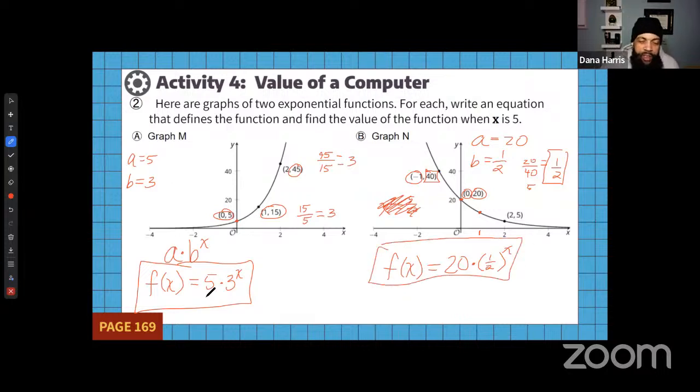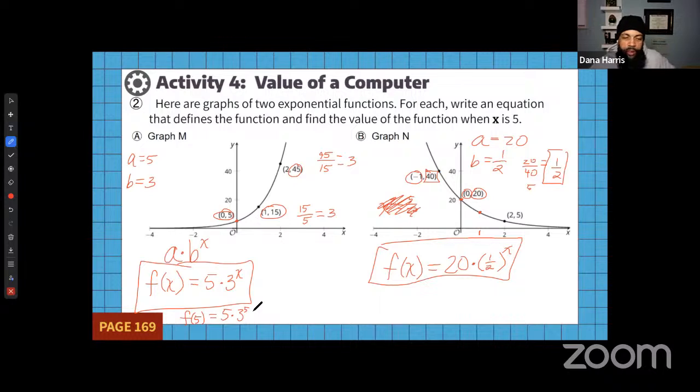Now, if I want to find out what f of 5 equals, 5 times 3 to the 5th power. And I don't have my handy dandy calculator. So let's see, I've got to go back into my book. I didn't write this part down, I don't think. Actually it is 1,215.